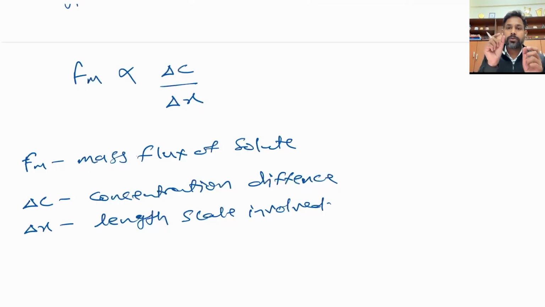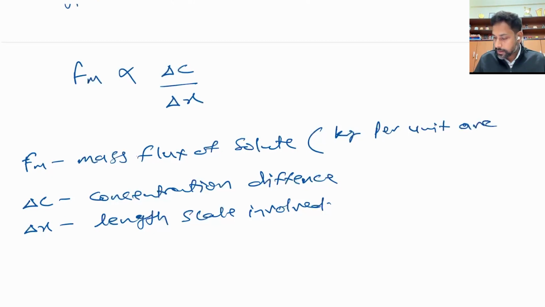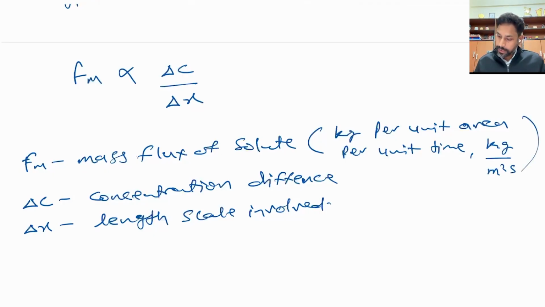So if you have the same concentration difference over a long length scale of interest, then the mass flux will be less. Okay, and this mass flux of solute is generally given in kilogram per unit area per unit time. So this one has a dimension of kilogram per meter square second.